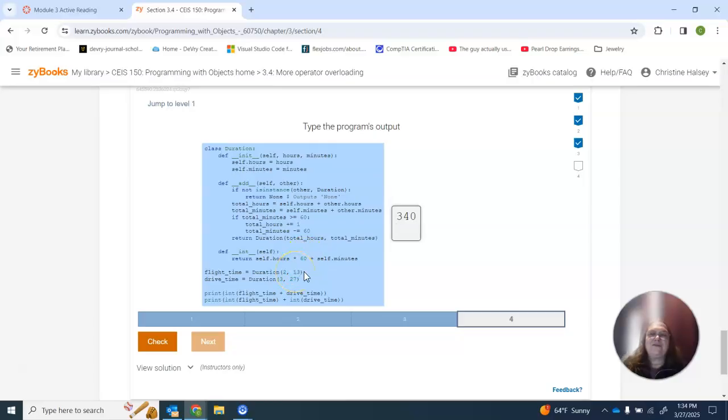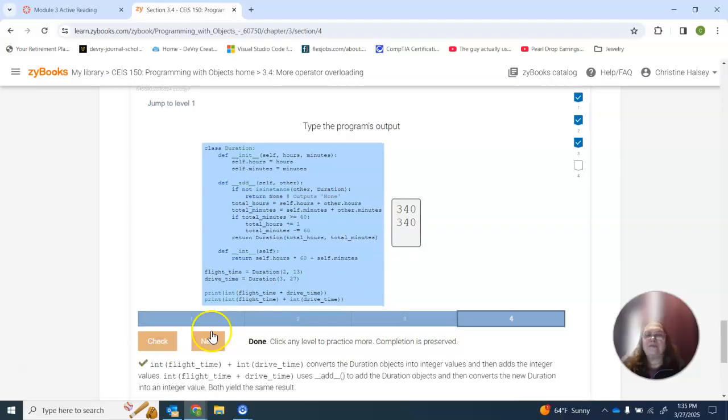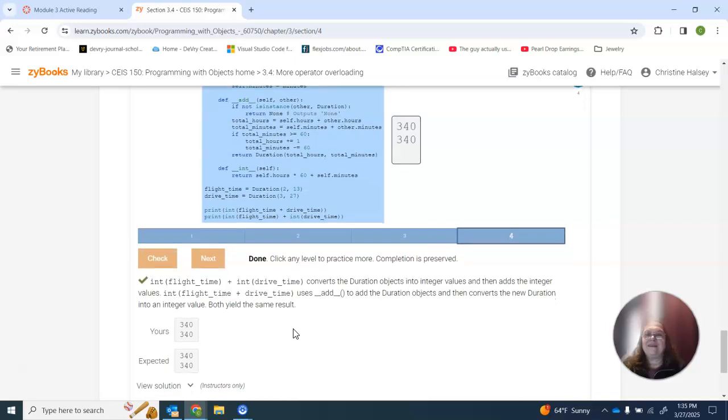So 133 plus 3 times 60 is 180. So 207. Add those two together and I should get the 340. All right.